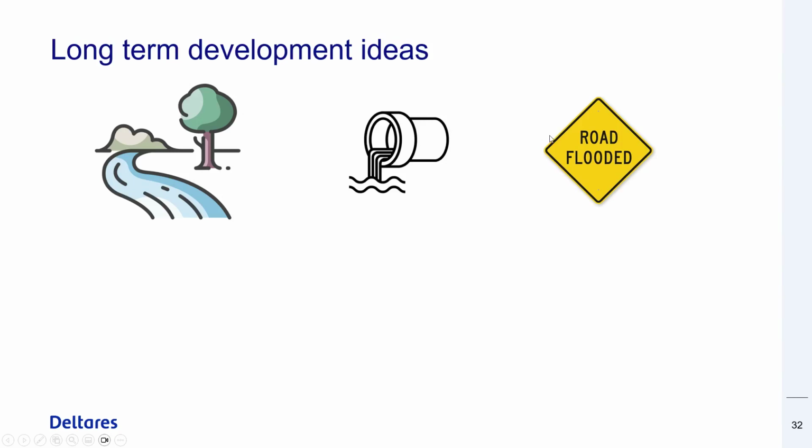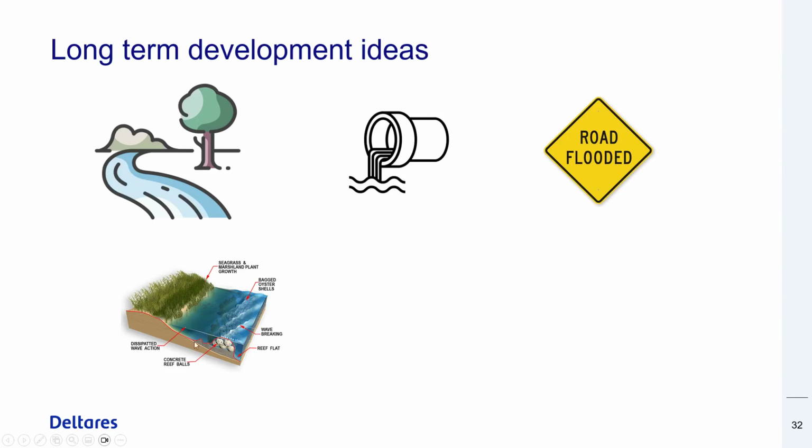We're looking at including network models that can tell something about accessibility when roads are flooded. This is an impact that's really important in terms of evacuation or being able to reach important critical facilities like hospitals.